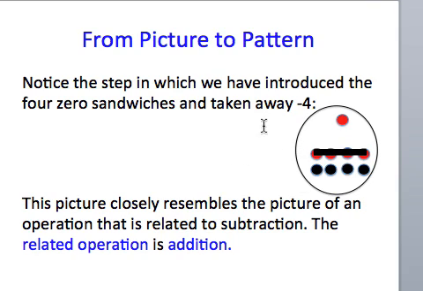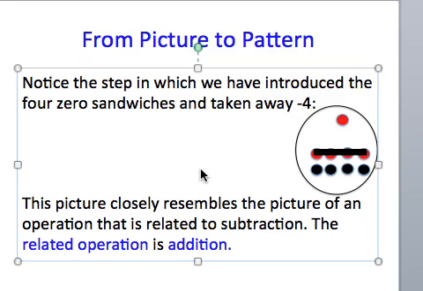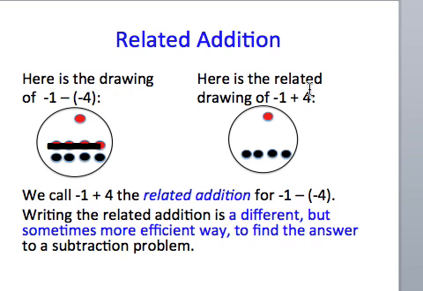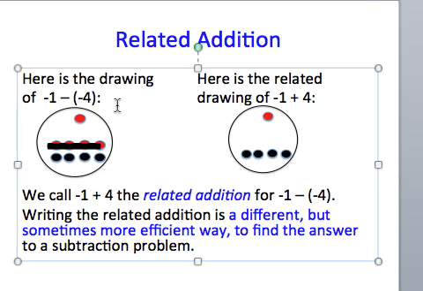So we have -1 take away -4. This picture actually closely resembles the drawing of a related operation. The related operation is addition. So here's the drawing that represents the subtraction, -1 take away -4. We just talked about that. Here's the related drawing of the addition, -1 plus 4, and plus just means add, so we've added 4 to the drawing.